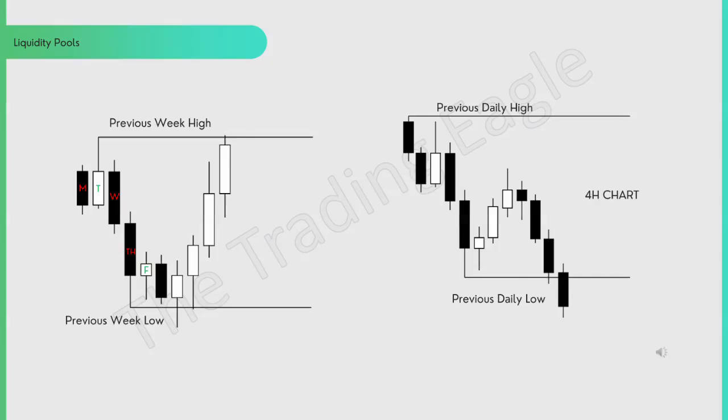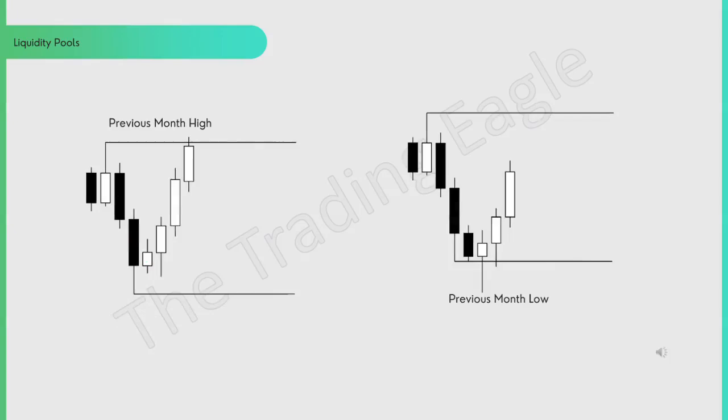So you also have the previous month high or the previous month low. Means the new month will at one point in time target the highs created in the previous month or the lows created in the previous month.